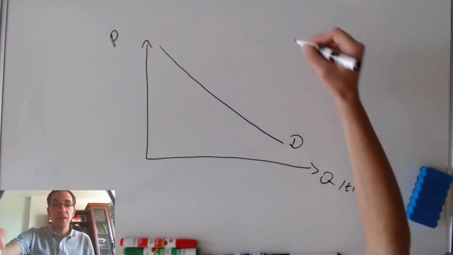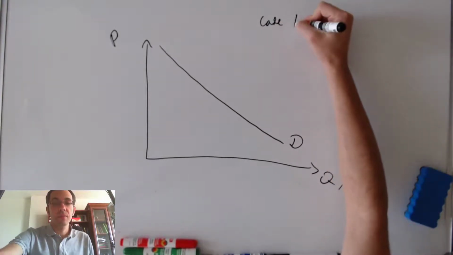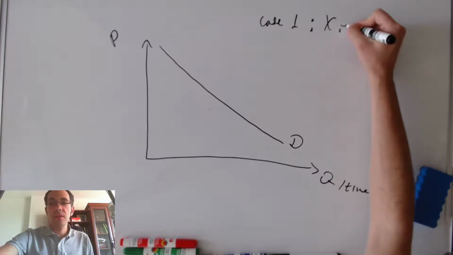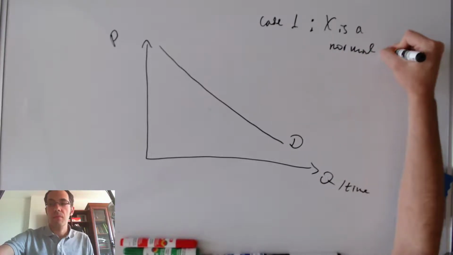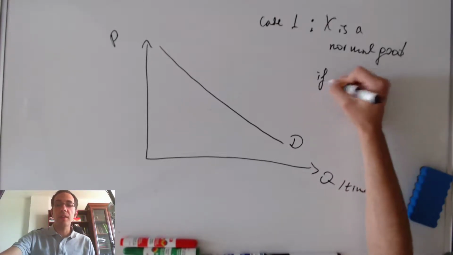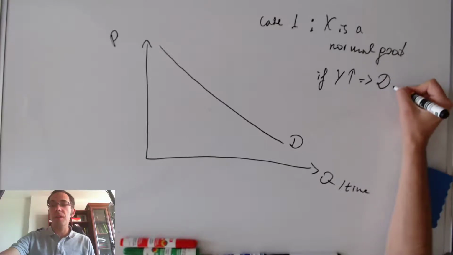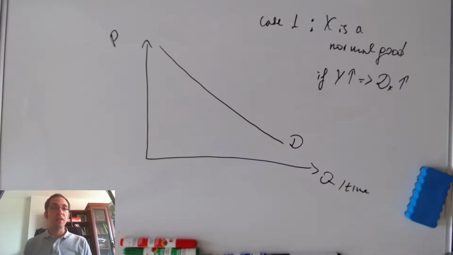Now, let's say case 1, X is a normal good. So if income increases, then we want to illustrate the demand for X is rising because we have a positive relationship between D of X and Y.